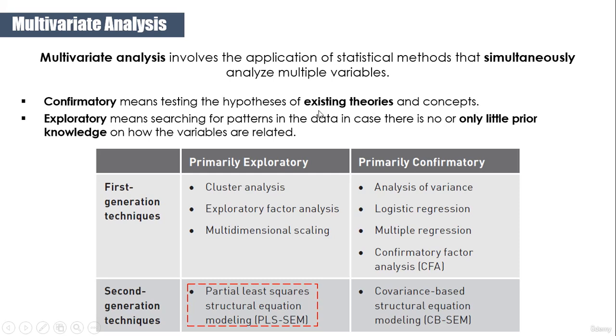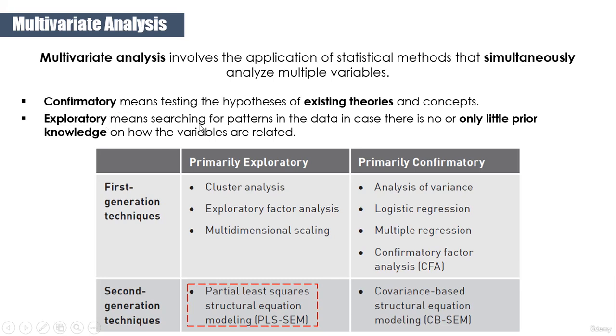Say for example, some researchers have developed a theory, for example the theory of planned behavior proposed by Ajzen many years ago. If we want to confirm that particular theory in a particular context, it will be denoted as confirmatory analysis.